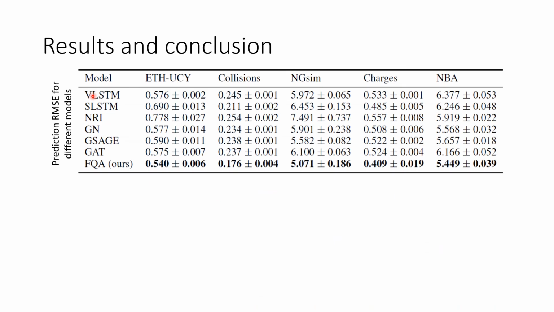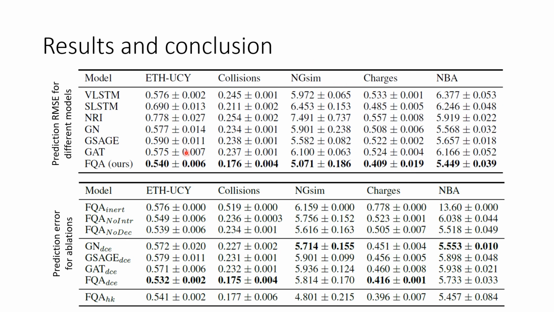In the results, we can see that the model outperforms all the other 6 models on the different tasks or datasets. And for the ablation part, we can see that when we remove each component in the ablation test, the inertia-only, no interaction, or no decision-making variants all perform worse than the baseline FQA.